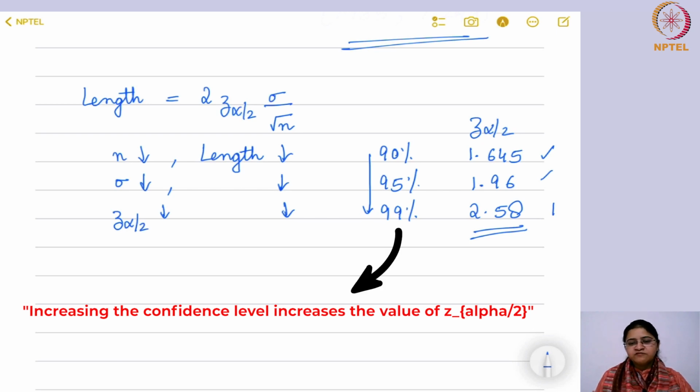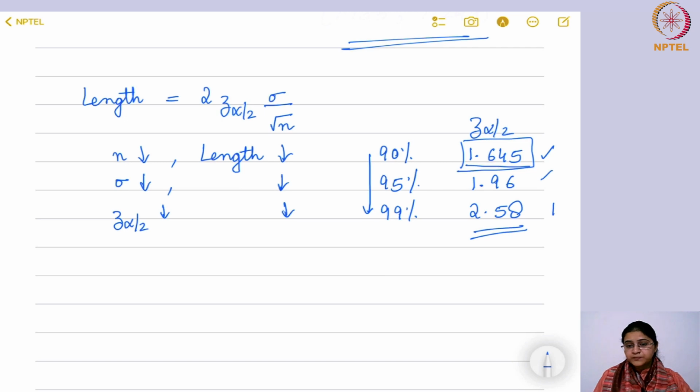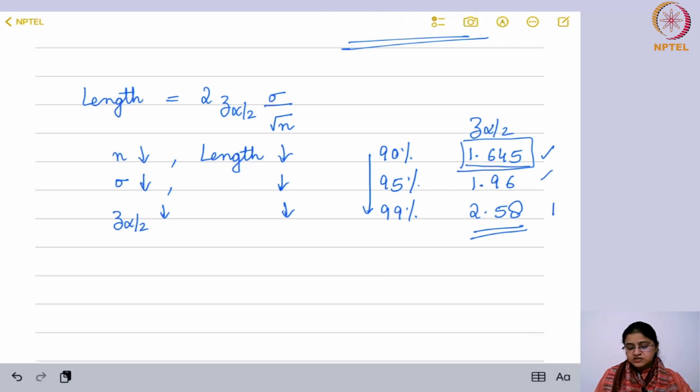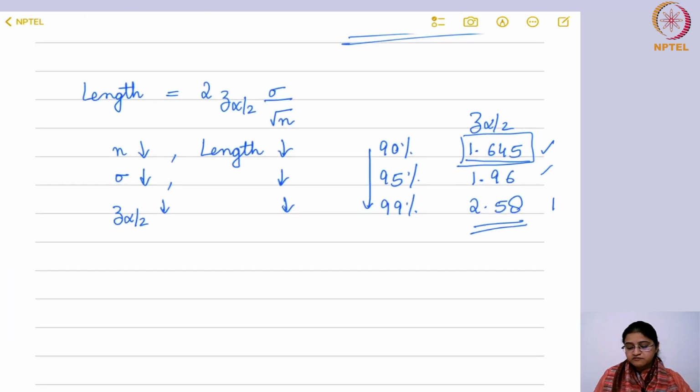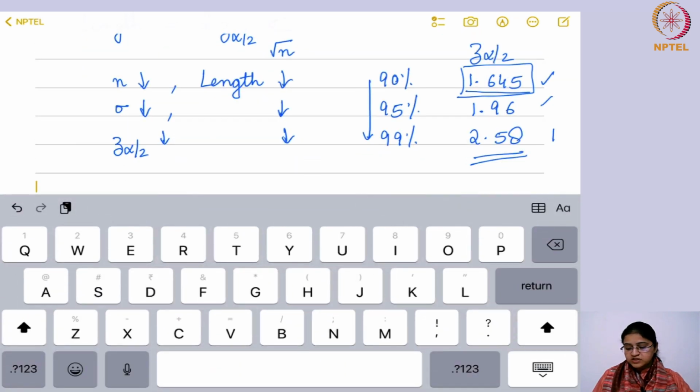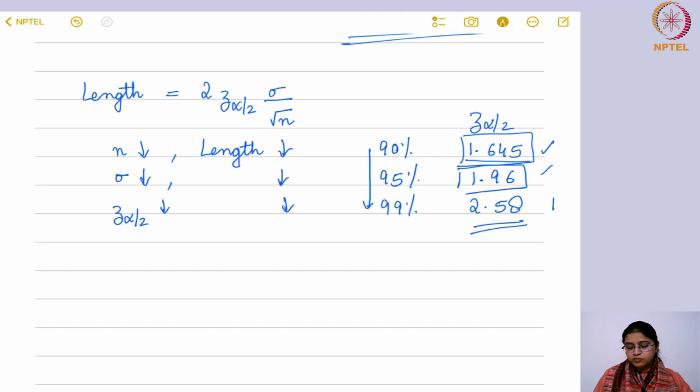If I'm saying I'm 95% confident, then it would be better than saying I'm 90% confident about that thing. So although 1.645 is less and would make the length of the interval decrease, the interval would be narrower than if I take 1.96, which is the 95% confidence interval.